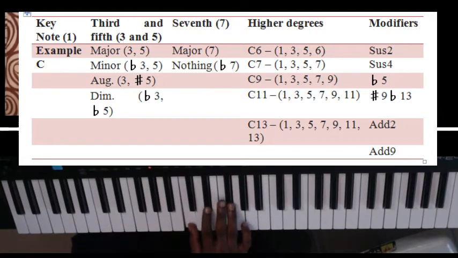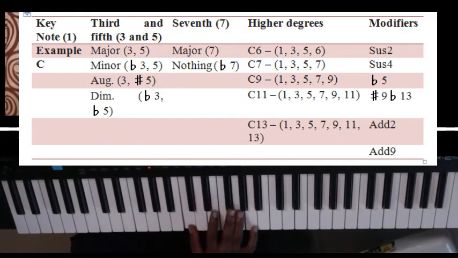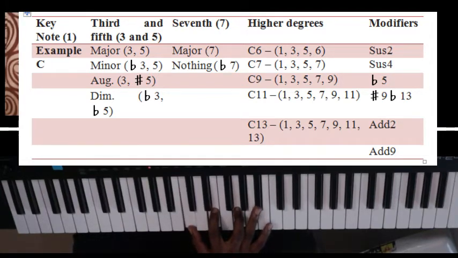Now for the 7th, when it's a major 7th, you play the 7th degree note. When nothing is attached to the name, you just play the flattened 7th. Now for higher degrees, you can have C6. It means play 1, 3, 5, and 6. Now for C7, 1, 3, 5, 7.